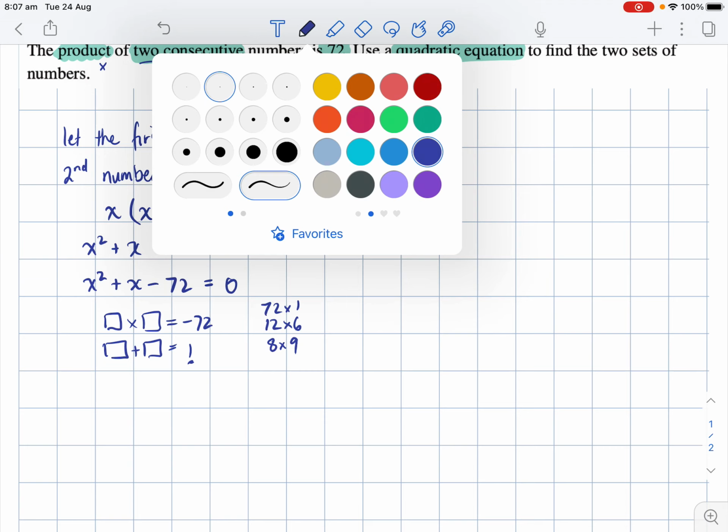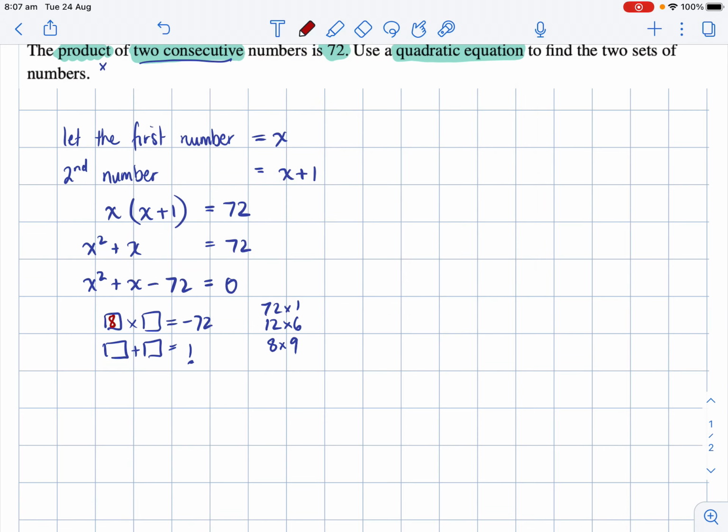Okay, so I'm going to put my 8 in here, my 9 in here. Now one of these numbers has to be negative to get a negative 72, and they also have to add to a positive 1. So we need the smaller number to be the negative one. So it's going to be negative 8 times 9.